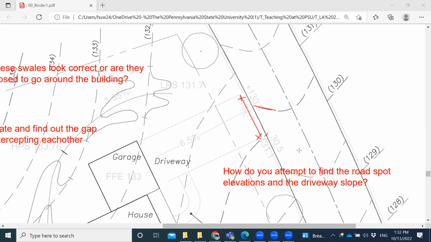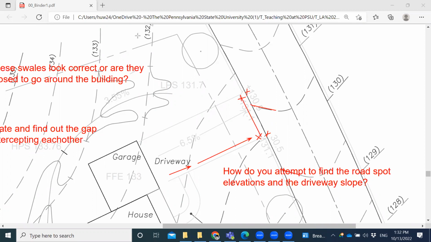So it's 130 and the 129 is over here. That is below 130 and this is above 130. So that one would be about 130.3 and here is probably 129.6. And then you would use the slope to calculate the FFE.